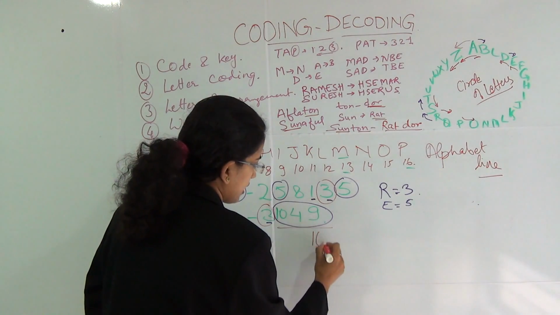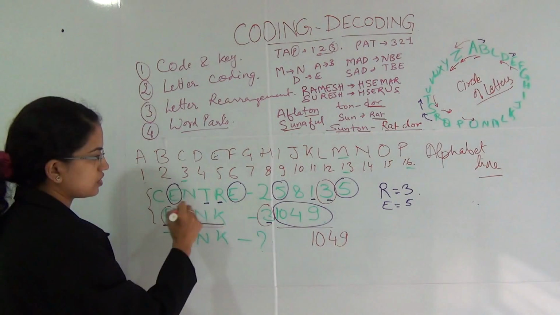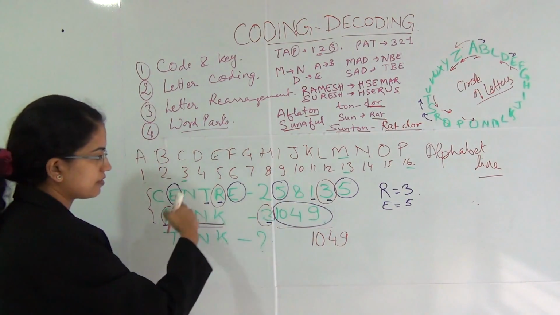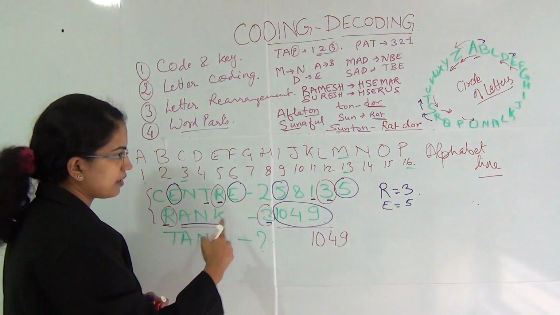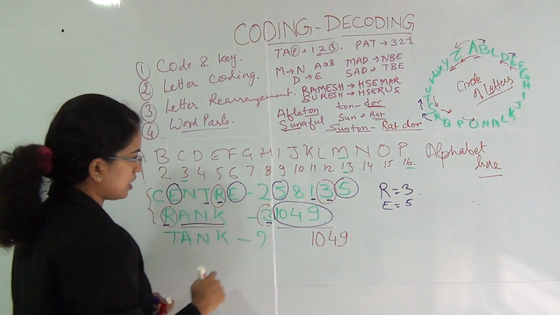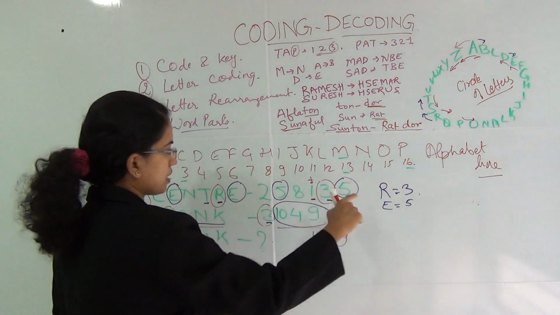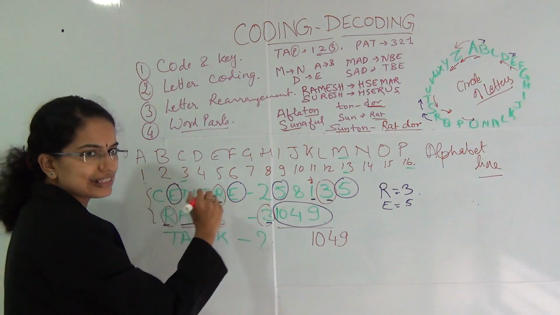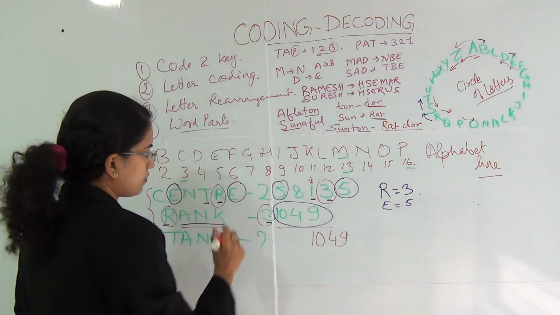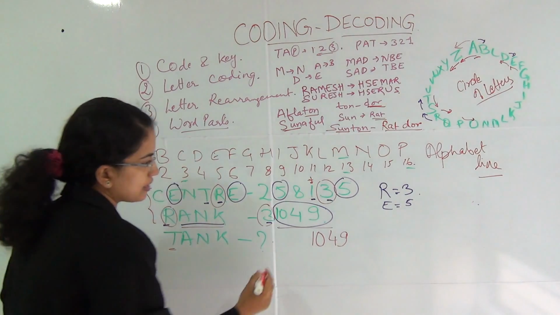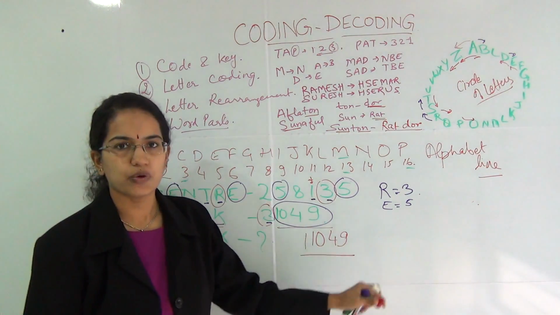So for A and K, I write 10, 4 and 9 as it is, and because I can deduce from these two that R is common in both, and you have number 3 common in both, R should be 3, so it's 3 here. So T should be 1 because all of them are arranged in a simple fashion, that is C stands for 2, E stands for 5, N stands for 8, T stands for 1. So here T should be 1. So the answer or the code for tan should be 1, 10, 4 and 9.